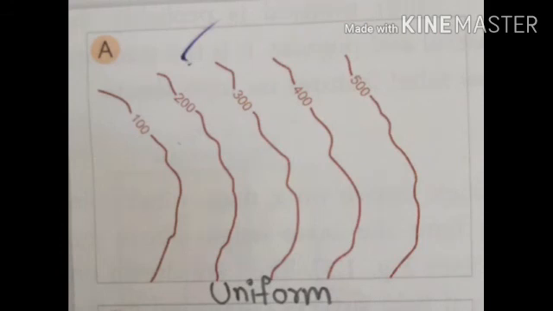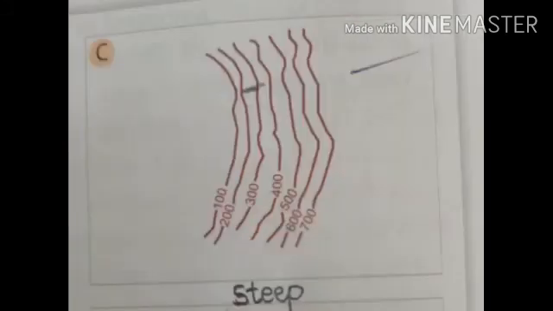We are going to see some examples on how we can identify the slopes with the help of the contours. The uniform slope is shown by evenly spaced contours. The steep slope is shown by closely spaced contours.